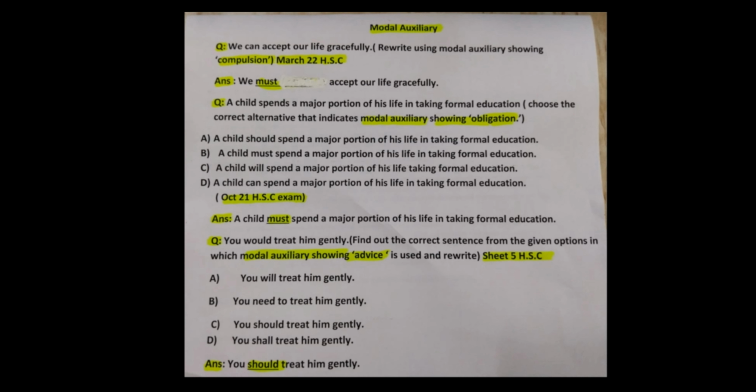Now if we see the chart which is meant for functions of modal auxiliary, we will find that for showing compulsion as the function, we are going to use must word, and hence our answer for this particular question is going to be we must accept our life gracefully.